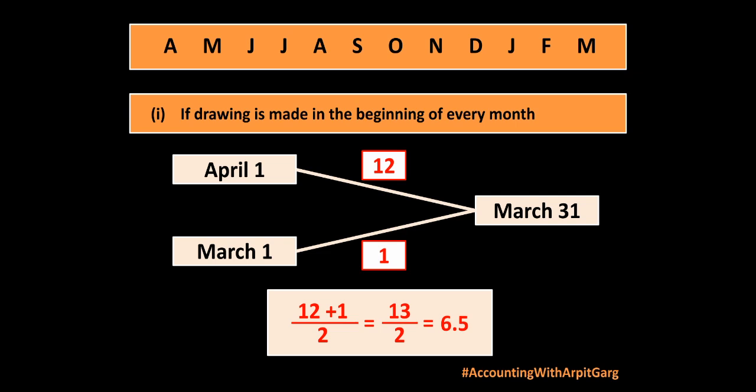I recommend you to use 13 upon 2, that is 13 upon 2 into 1 by 12, because if you use 6.5 you will get 65 upon 120, so that is difficult for you to calculate. Not understood? No problem. In the next method let's try.